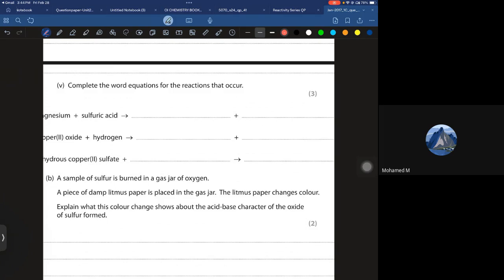It would be copper and water basically. The oxygen of copper oxide would be reacting with hydrogen and forming water, leaving behind copper metal. Okay? Yes.